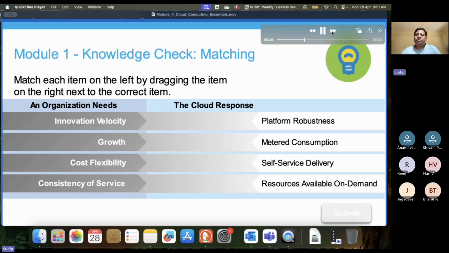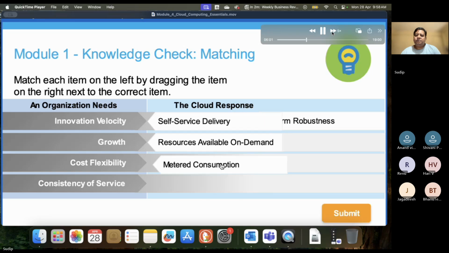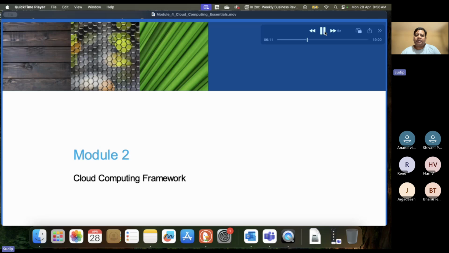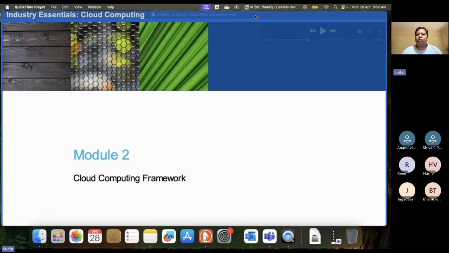Yeah, this is one more, so I'll just go forward quickly. All right, so we will get into this cloud computing framework tomorrow. Any more questions on what we have learned until now?